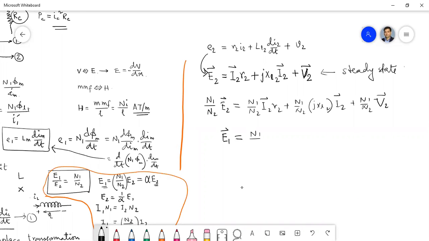Now if we write I2 in terms of I1, it will be N1 by N2 into I1, isn't it? You can check that from the previous expressions.